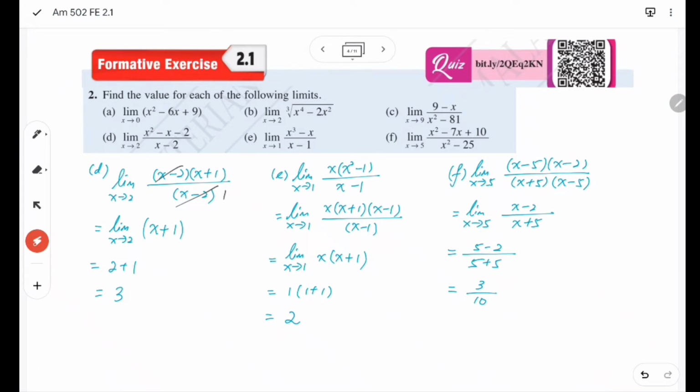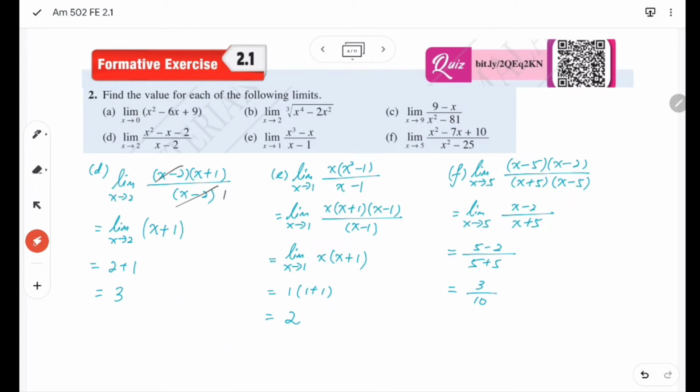F. The limit of x squared minus 7x plus 10 divided by x squared minus 25 when x tends to 5. So we try to do factorization. x squared minus 7x plus 10, we can factorize it as x minus 5 and x minus 2. And x squared minus 25 becomes x plus 5 and x minus 5.